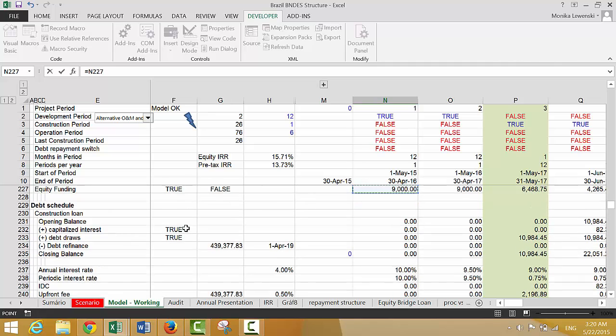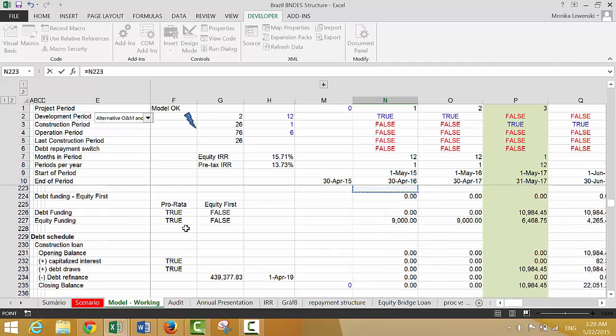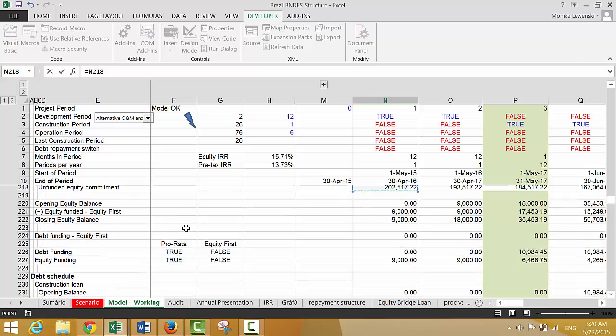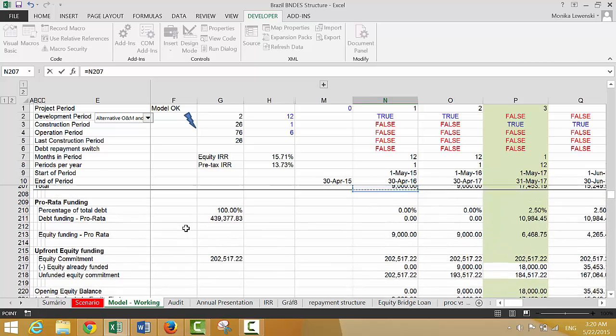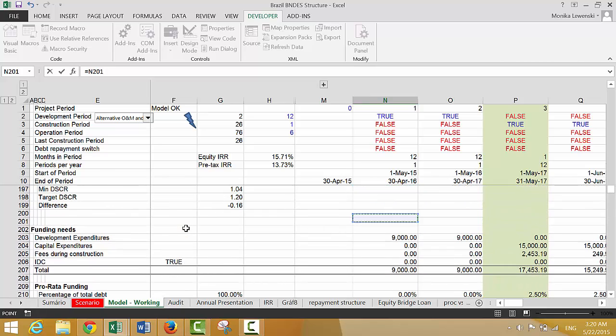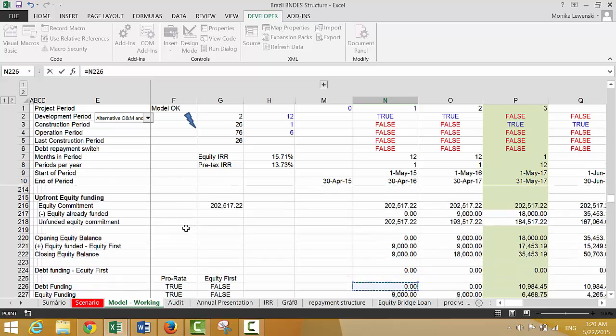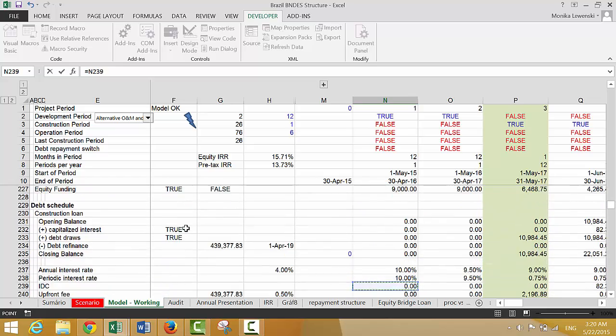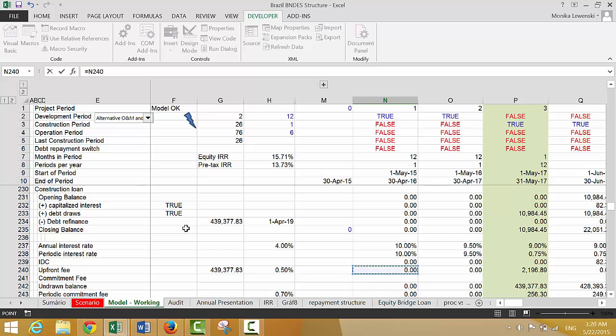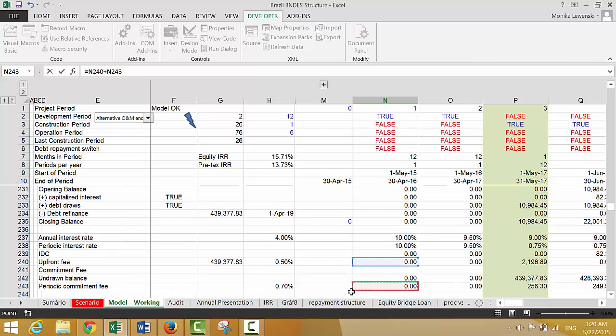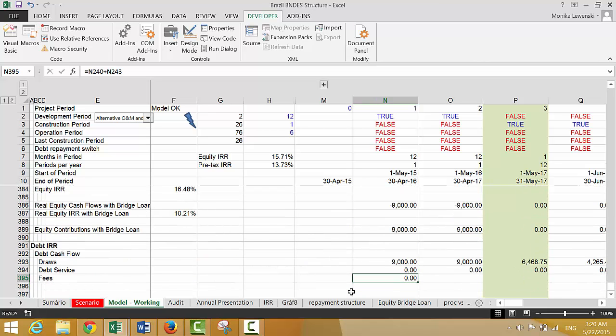You could almost say, oh, that funding of the DSRA should be part of this, but let's not do that. Okay, this is the upfront fee plus the periodic commitment fee. Okay, and then we can put total.